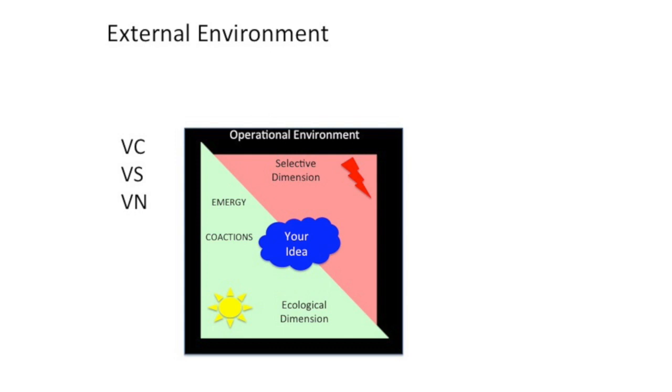It's not that in reality the selective dimension got smaller, but its relative contribution or impact on your idea is less than the ecological environment that you're tapping into, because you've really got things there working for you. It could be through the coordination of other stakeholders through some coactions, or it could be tapping into a strategic initiative, or simply just finding a vibe that is now present in the community.